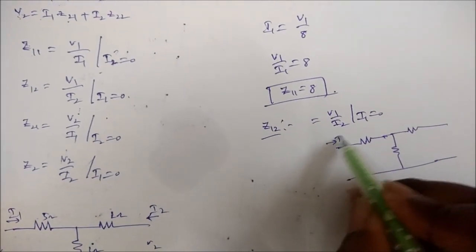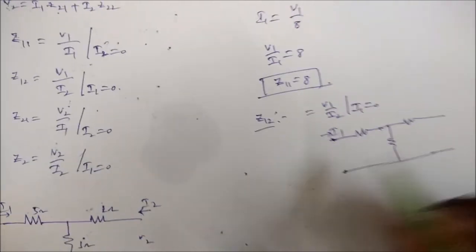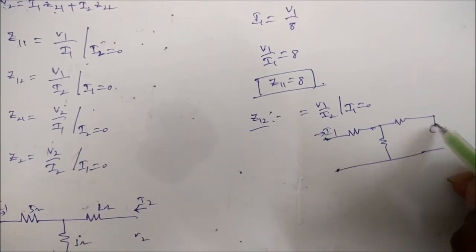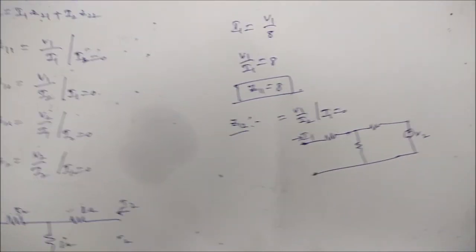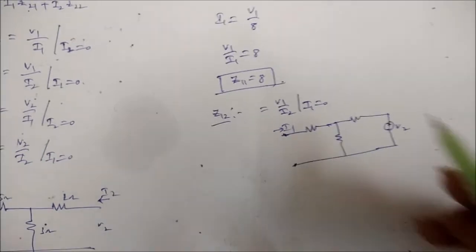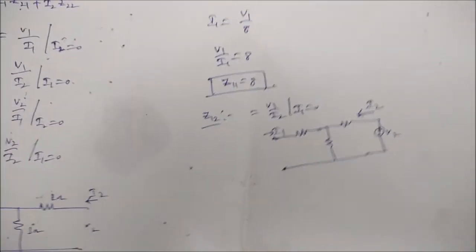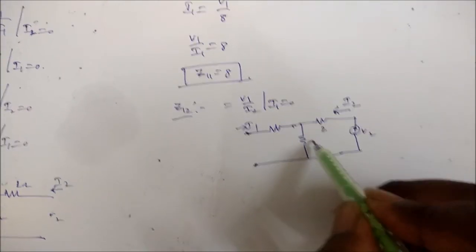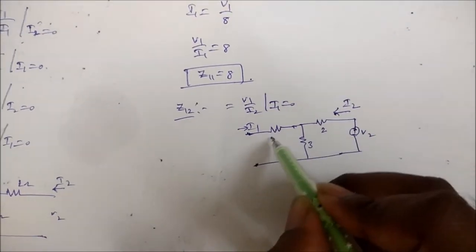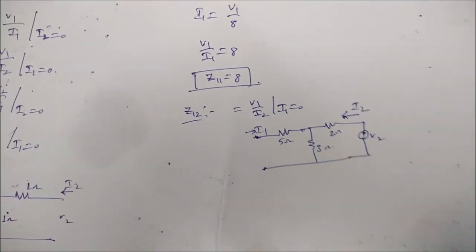That means this should be open circuited, and this is V2. Understand? And this is I2 now. So this is 2 ohms and this is 3 ohms. This is 5 ohms.